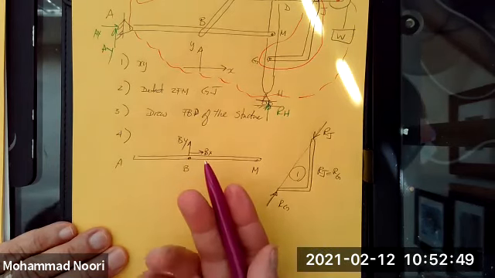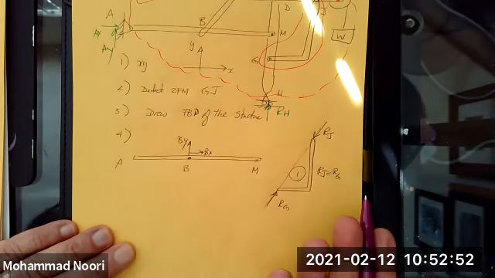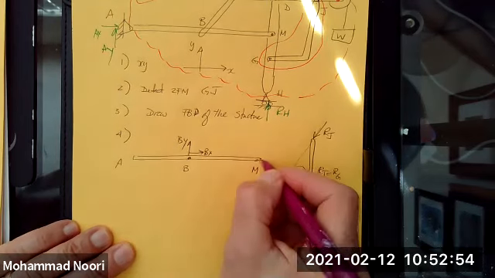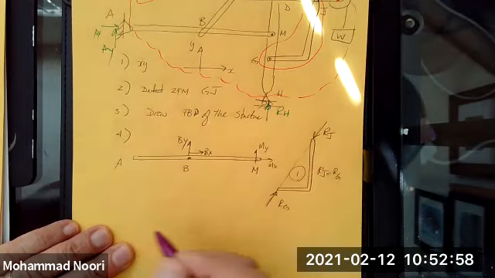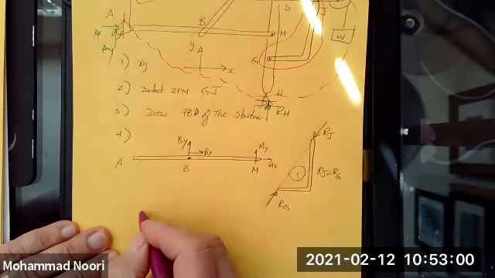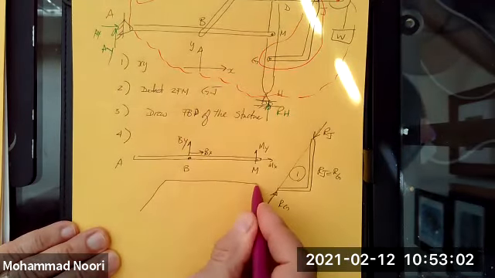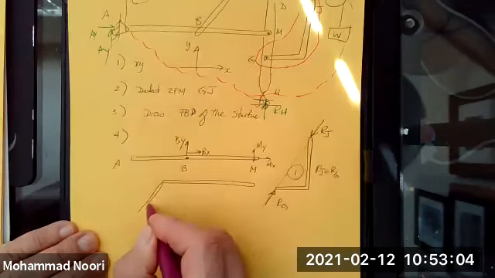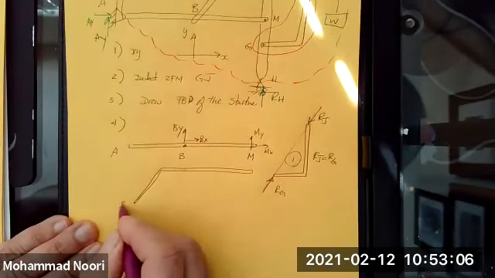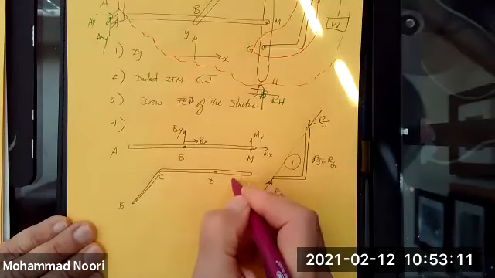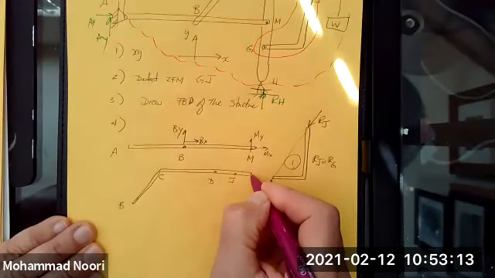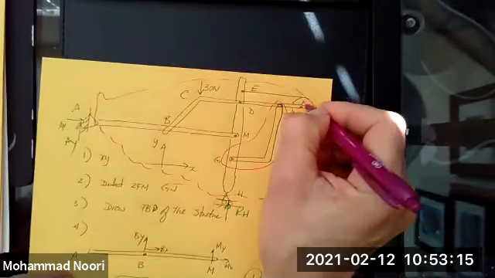If they turn out to be negative, that means the assumed direction is wrong, okay? Same thing here, MX, MY. Now I go to the next member, which is B, C, D, J, and let me call this, let's say N.